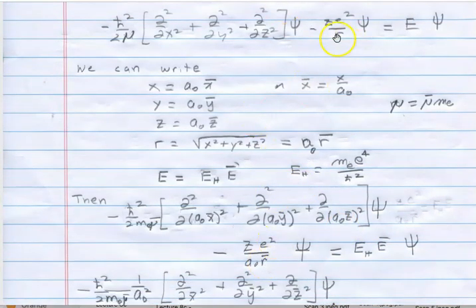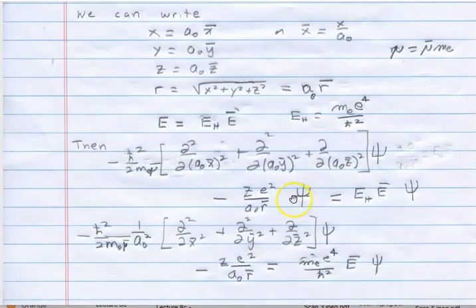For r up here, I substitute a naught r bar, and then for energy, E bar times the Hartree energy, E sub h. And pretty obviously, all these in brackets, I've got an a naught squared in each term, so I can pull that outside. And these others I can keep the same. I'll just write out what the Hartree energy is, it was given here, so I just plug that in.